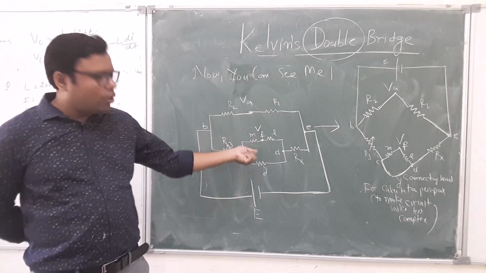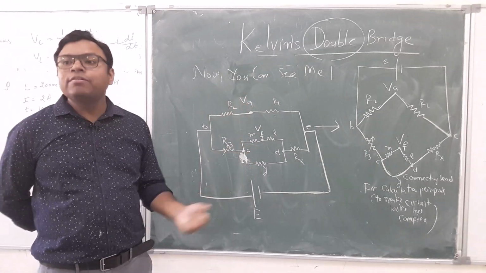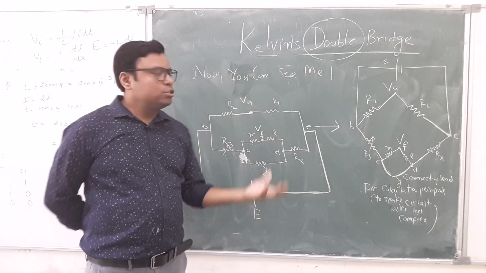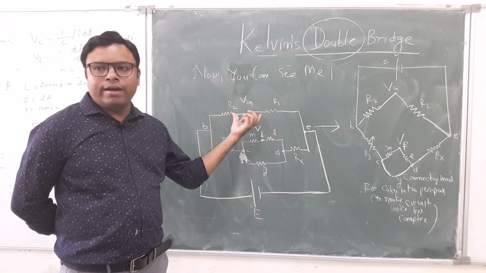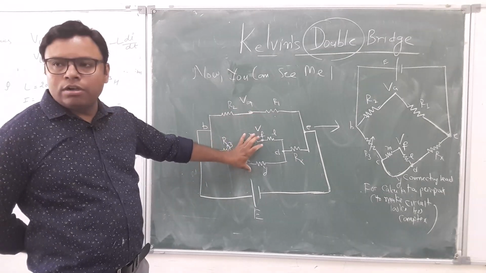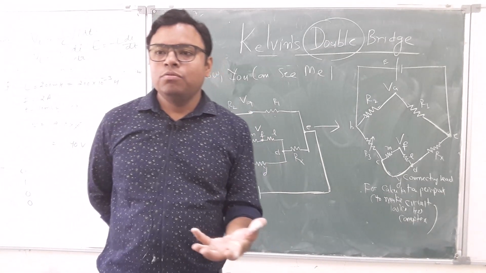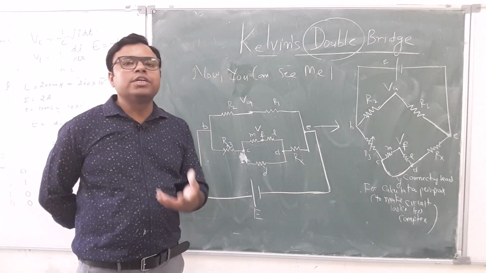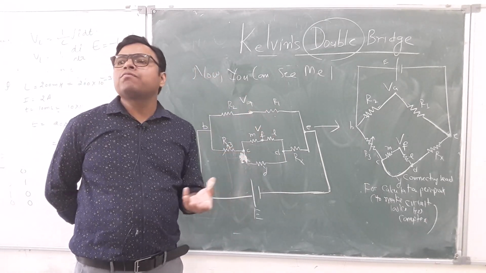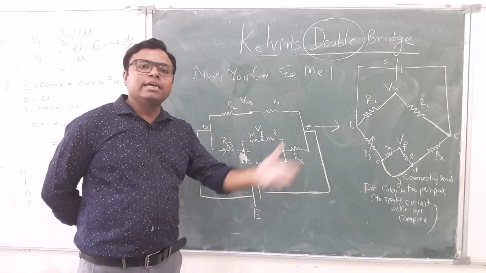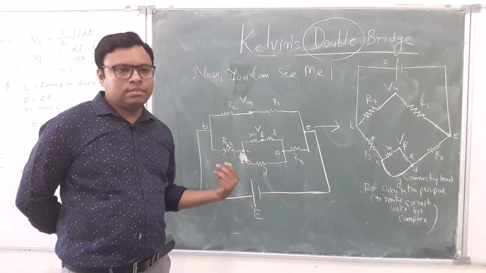We can contract this, this, this. Then where do we want to go? Suppose we make it equivalent R1 plus R2. We can make this equivalent also. That is good. But where do we want to go? What is our target? Our target is not to reduce the circuit. Our target is to find the Rx in terms of other parameters.